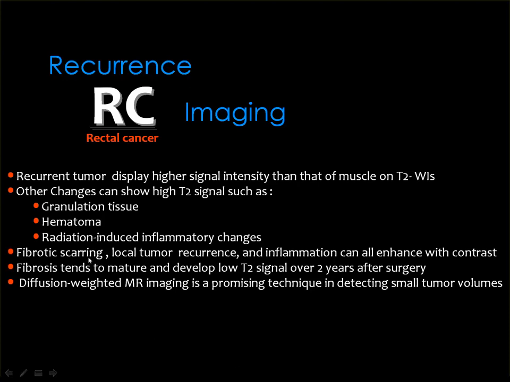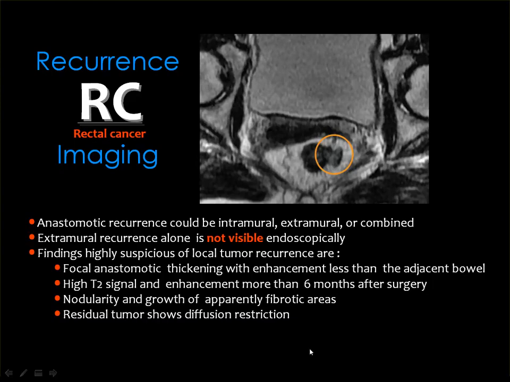Fibrotic scars, local tumor recurrence, and inflammation will all enhance with contrast injection. Fibrous tissue may mature over years and become of low signal intensity. Then the diffusion weighted image is one of the helpful techniques to assess for tumor recurrence.